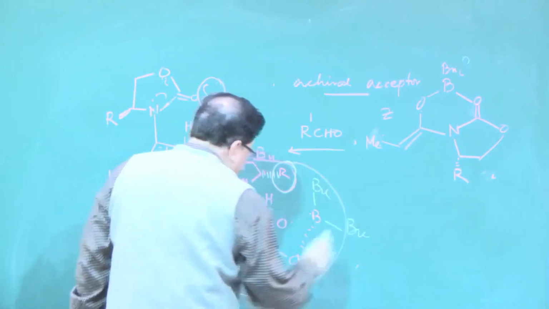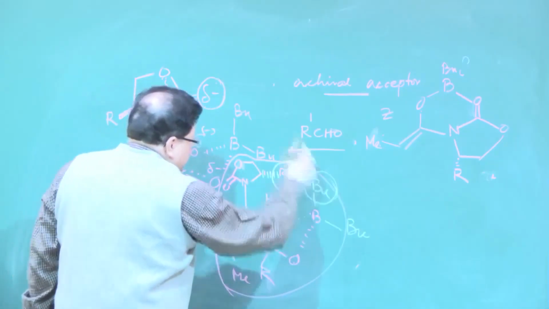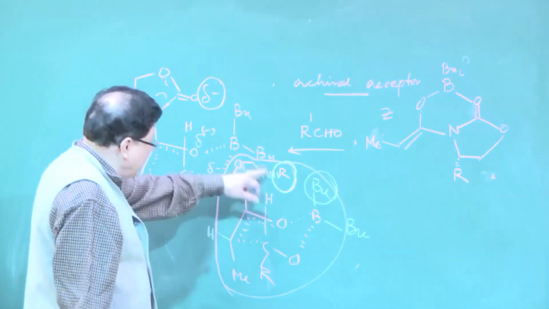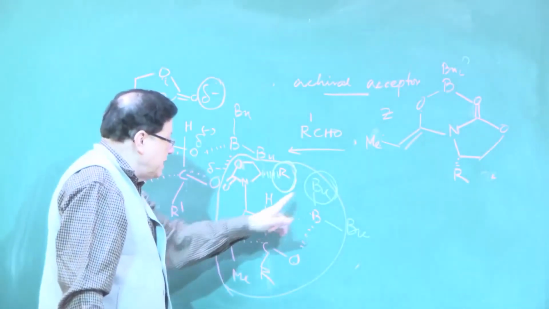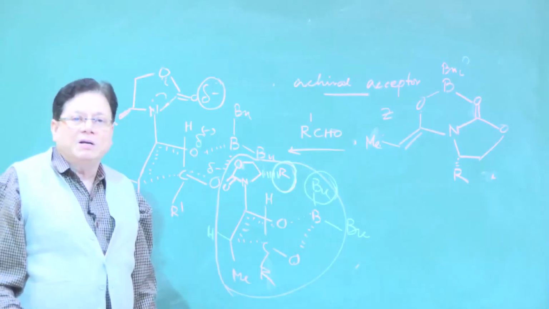Another important point we should remember is that the existence of this axial butyl group at this position, in addition to this axial oxazolidinone, further enhances the syn selectivity of this reaction.